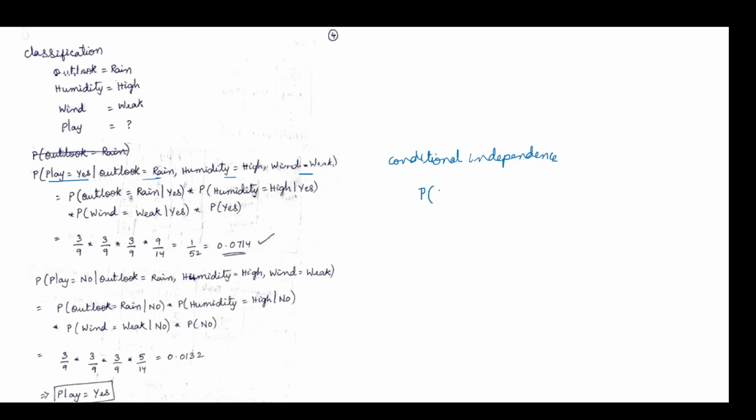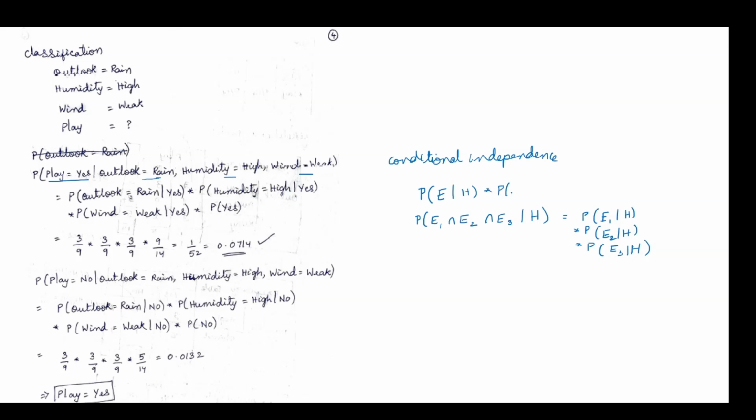So we have simplified P of E given H. Now we actually had P of E1 intersection E2 intersection E3 given H, and we said all these E1, E2, E3 are independent of each other for a given value of H. We are reducing them to be P of E1 given H multiplied by P of E2 given H multiplied by P of E3 given H. This is what the numerator of the Bayes theorem is.